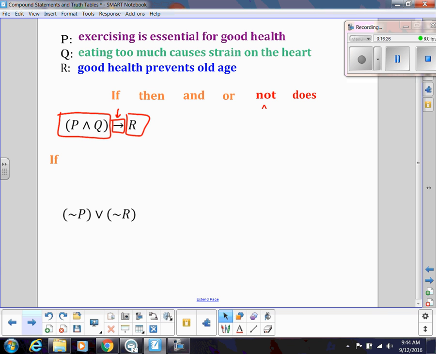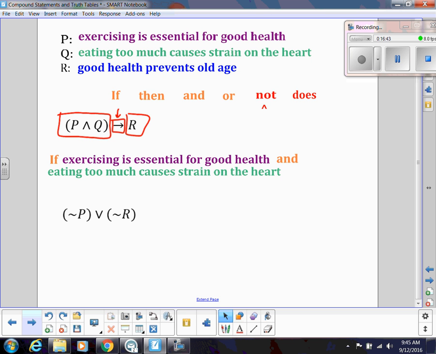And then before I do the then, I'm going to do P and Q. I know you guys don't have the infinite cloner, but that's okay. You can pause. If exercising is essential for good health and eating too much causes strain on the heart, then, so now I can do then because I'm at the end of the parentheses. I just did Q. So now I'm ready to do the R. Then good health prevents old age.